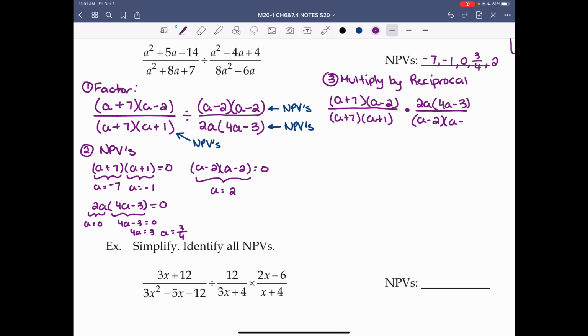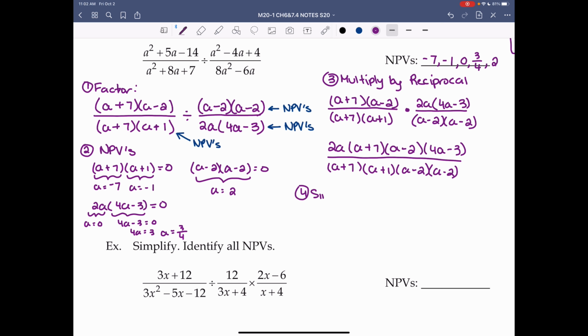Put it all into one fraction, putting the 2a in front: 2a, a plus 7, a minus 2, 4a minus 3, all over a plus 7, a plus 1, a minus 2, a minus 2.